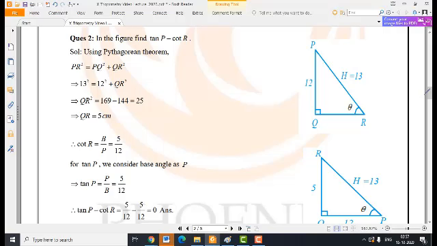Every question that we are going to discuss here is based on the concept of trigonometric ratios. Let's once again revise. Sine theta is perpendicular upon hypotenuse, cos theta is base upon hypotenuse, tan theta is perpendicular upon base, cosecant theta is hypotenuse upon perpendicular, secant or sec theta is hypotenuse upon base, and cot theta is base upon perpendicular.